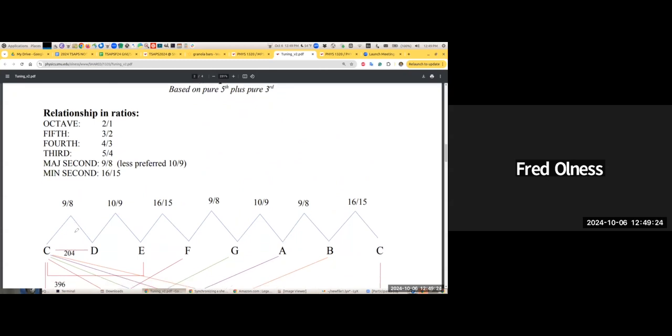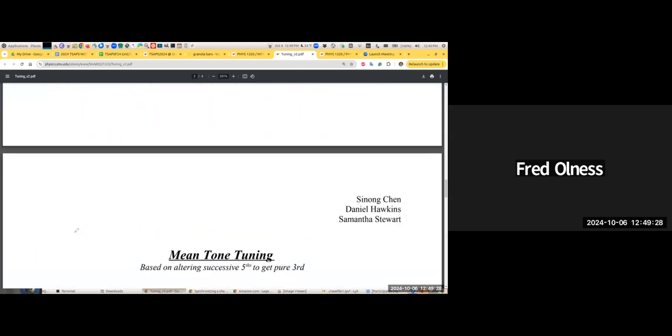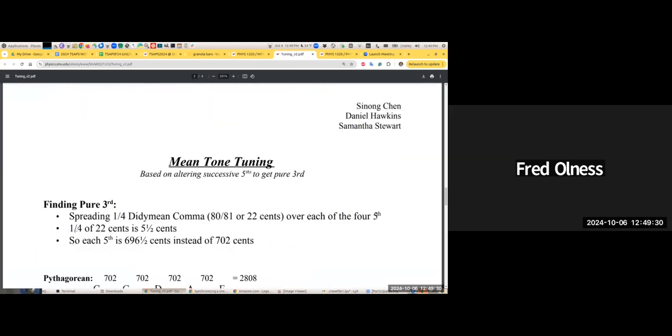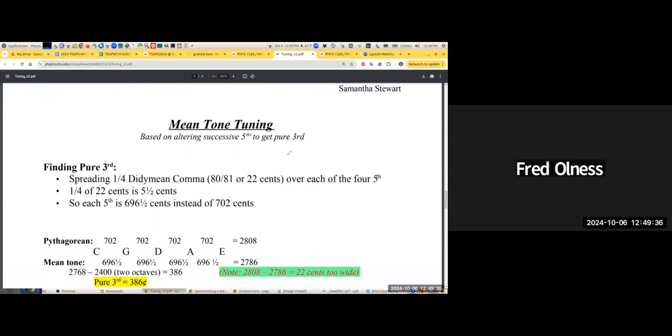But now let's go to a compromise system, and that's a temperament. So, mean tone tuning. What we want to do is we decide that we really like those pure thirds. If you want to score your voices in thirds, you really need a good third.